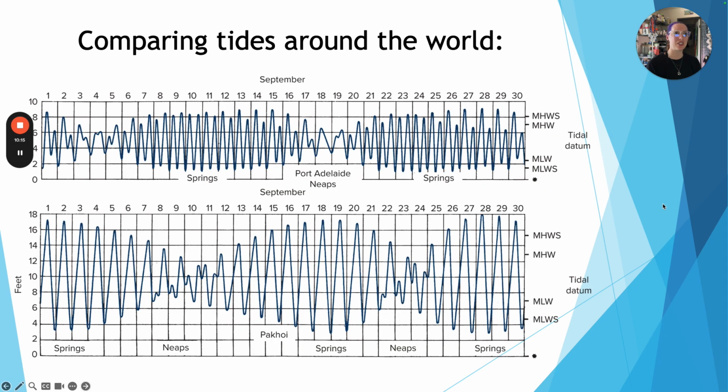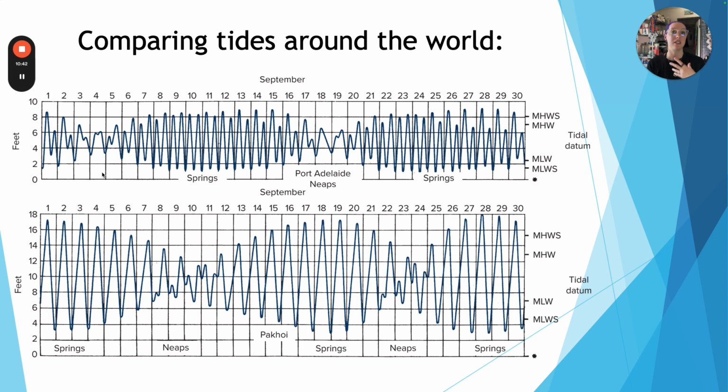So I also want to compare a few tides around the world. This is an image from your book, actually. We're comparing Port Adelaide here at the top, which is in Australia, and Puquoy, China. It's going through the month of September, and it's showing the tide variation here. So I encourage you to pause the video and see what sort of patterns you observe.